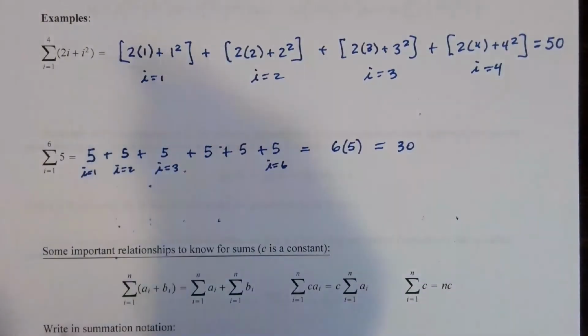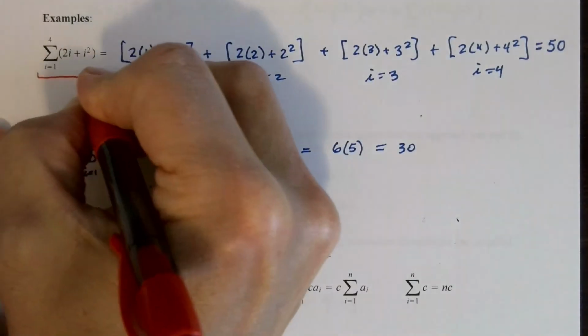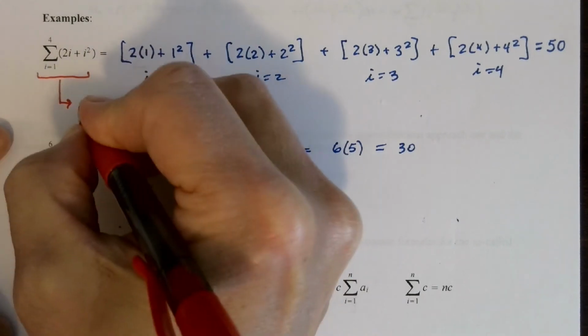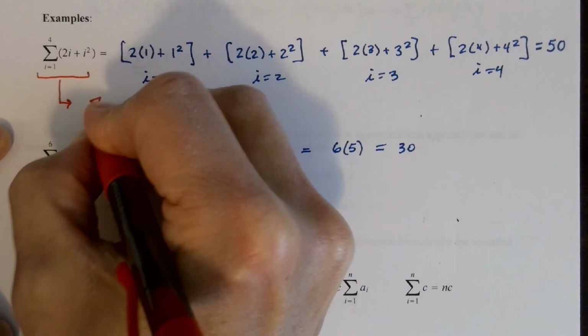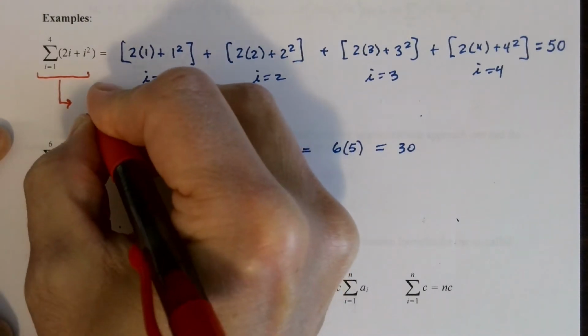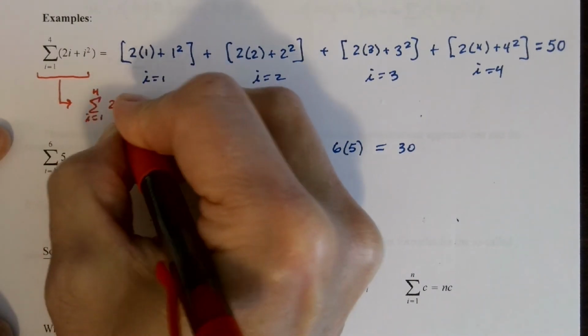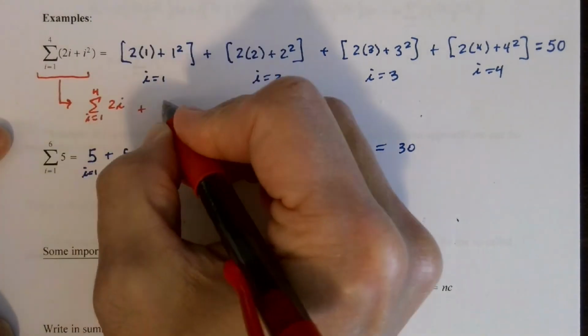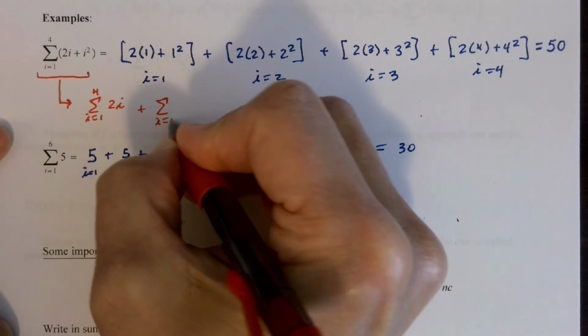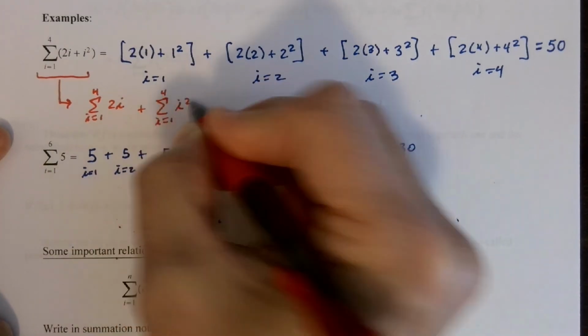I could have thought about this as, according to this relationship, the summation i equals 1 to 4 of 2i, right? That would be like the a sub i here, and then plus the summation i equals 1 to 4 of i squared.